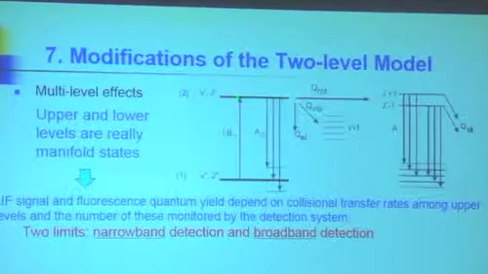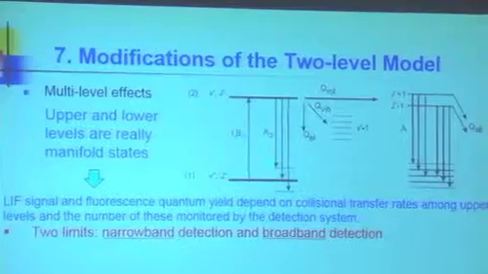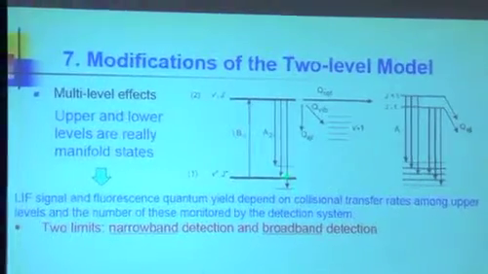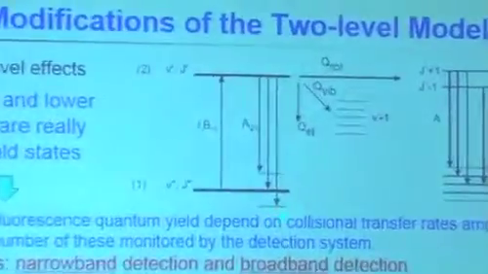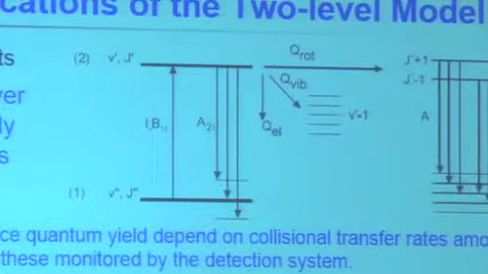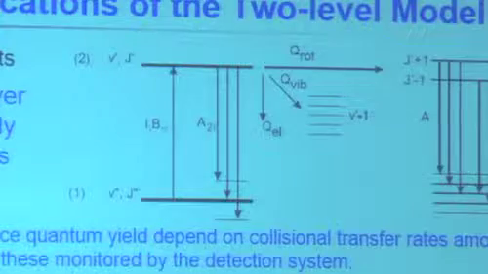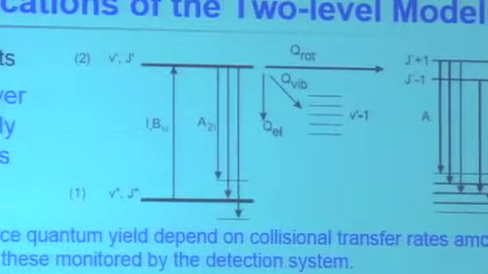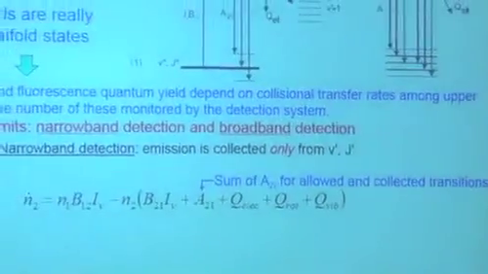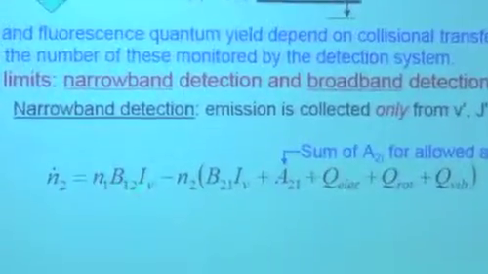So let's say that you excite here, and it emits P, Q, and R, and you collect only one. Maybe you collect this one. That's called narrowband detection. And then you have to go back and ask, well, okay, narrowband detection. Here's my equation for populating.